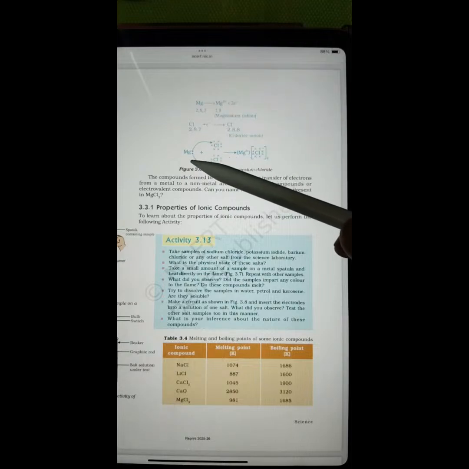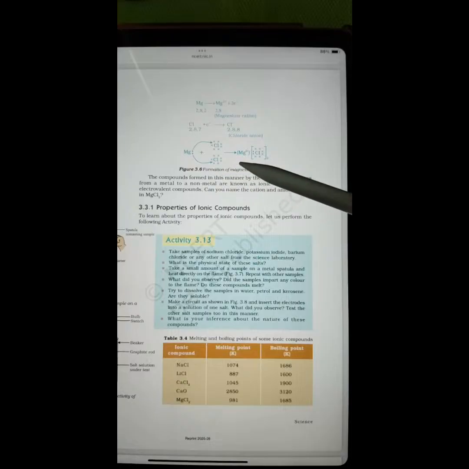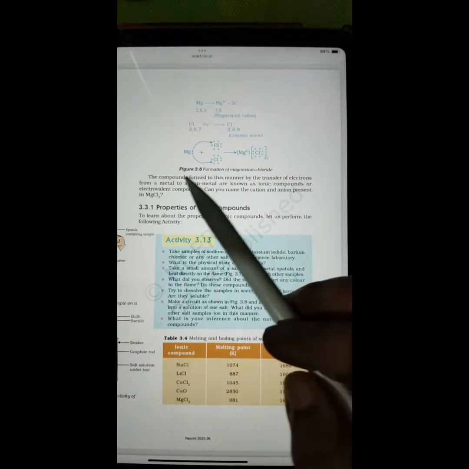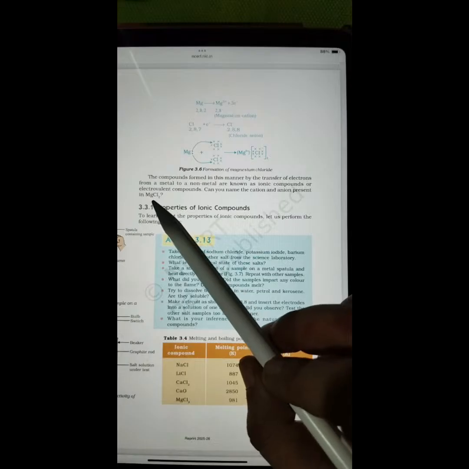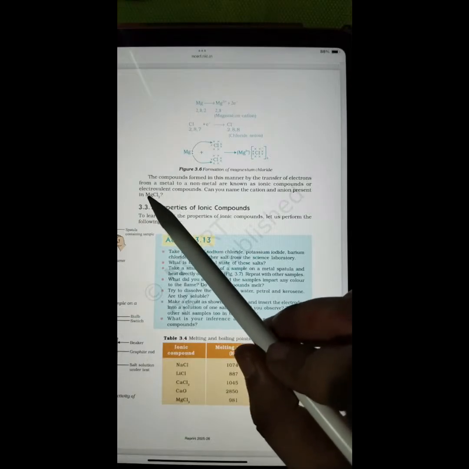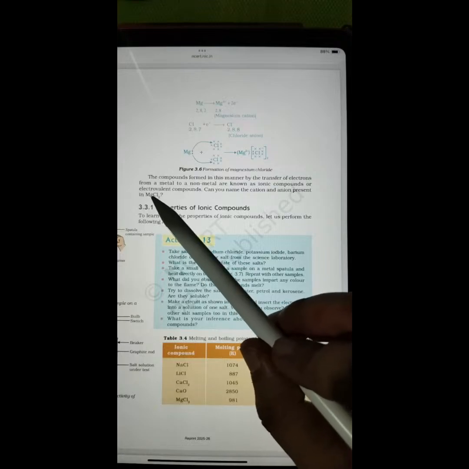As magnesium has two valence electrons, it can give to two chlorine atoms. That is why the formula is MgCl2, because of the crisscross method. In some further video, we can understand the crisscross method as well, which is used to write the formula of a compound or a molecule.